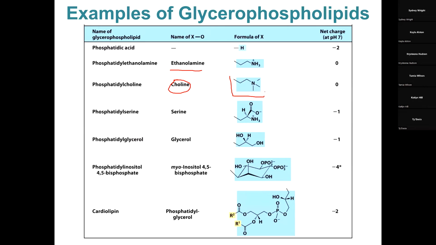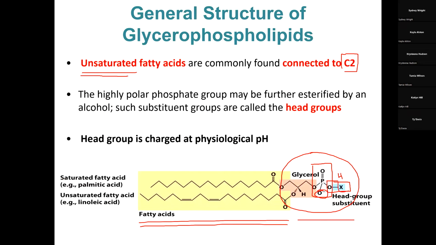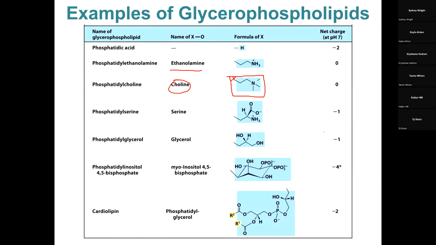This is a choline group, and this point X will bind here to the phosphate, to extend it, so they extend out for the choline. So these are further modified: ethanolamine, serine.